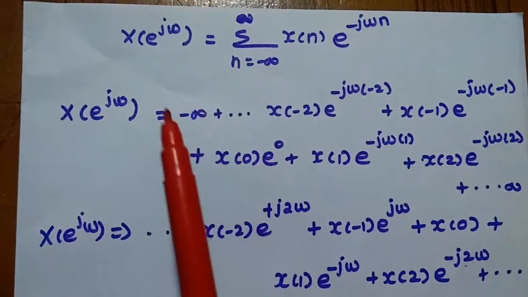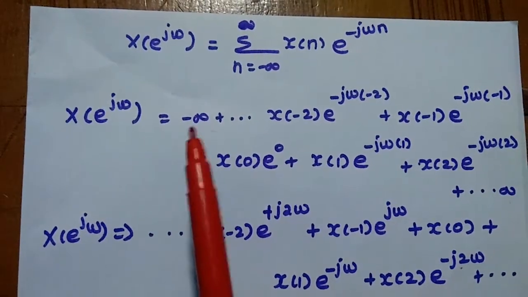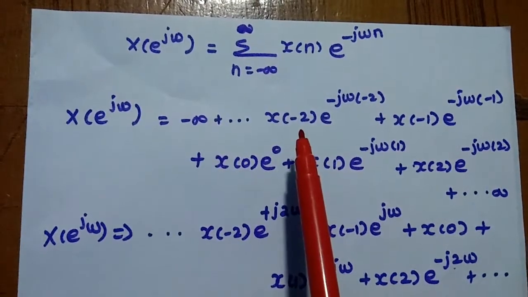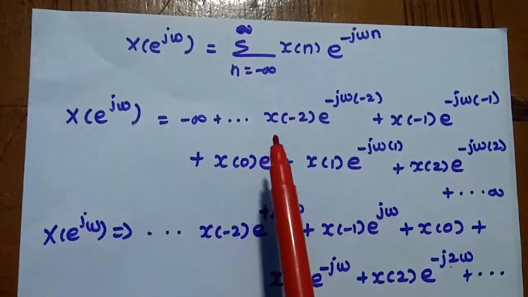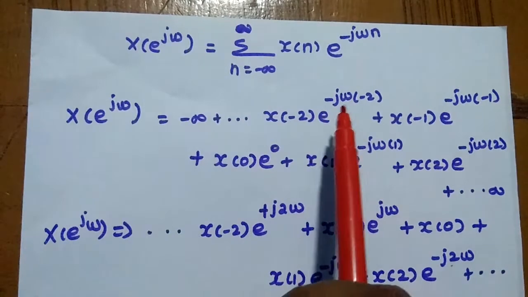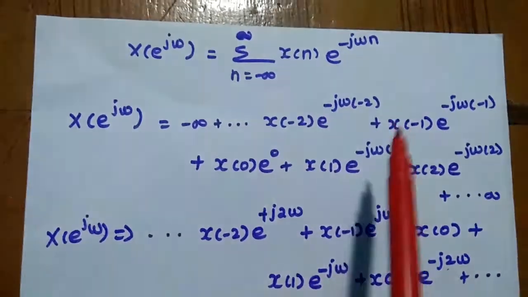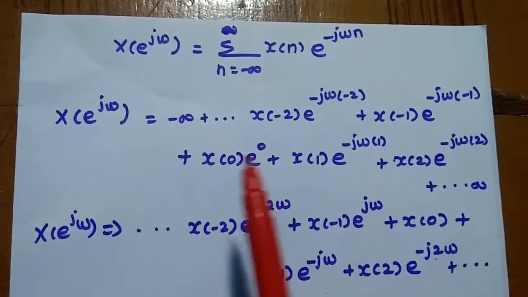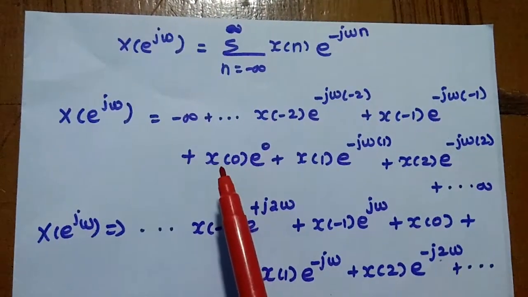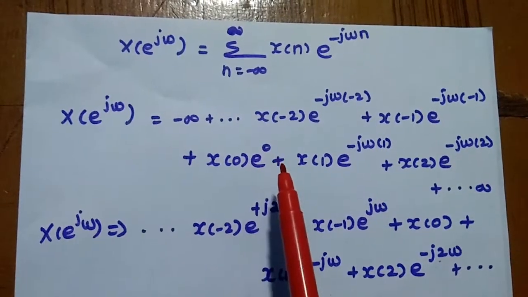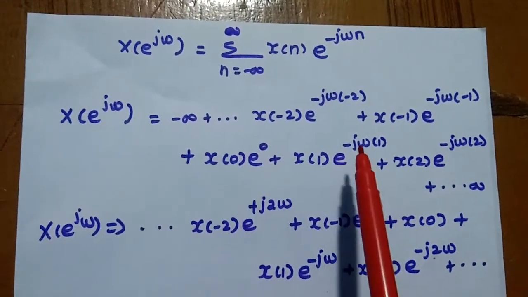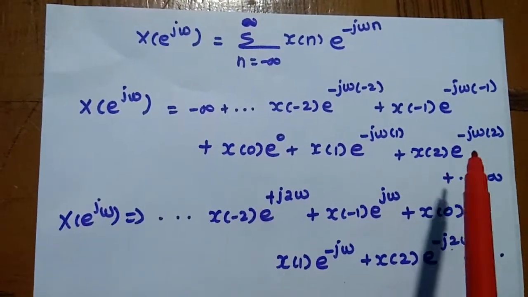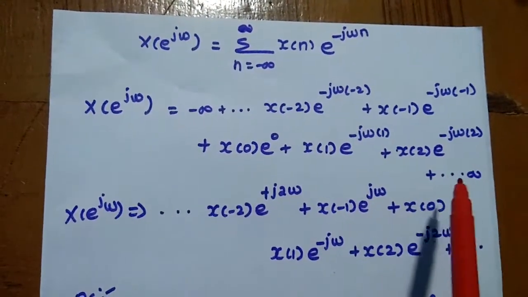We are going to expand the Fourier transform from minus infinity to plus infinity. So whenever n is equal to minus 2, this expression becomes x of minus 2 e power minus j omega, n is nothing but minus 2, plus x of minus 1 e power minus j omega into minus 1. N is equal to 0 means x of 0 e power 0 plus x of 1 e power minus j omega into 1, x of 2 e power minus j omega into 2, it is going on like this.